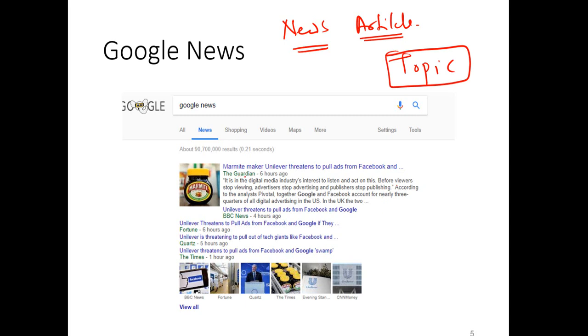So here is an example. So we have this cluster of articles, and they are of similar types. Okay, so Unilever threatens to pull ads from Facebook and YouTube. Okay, so that's in the newspaper Guardian. In BBC News, it says that Unilever threatens to pull ads from Facebook and Google. So we have articles being published in many different news sites, whether it's Guardian News, BBC News, Fortune, Quartz, The Times, and so on.